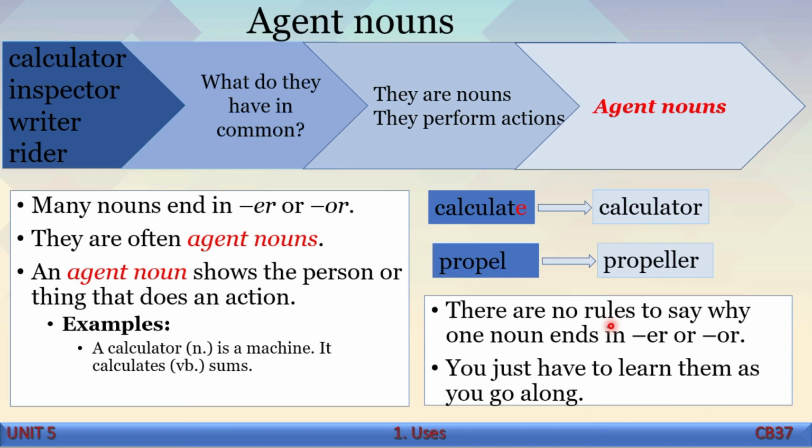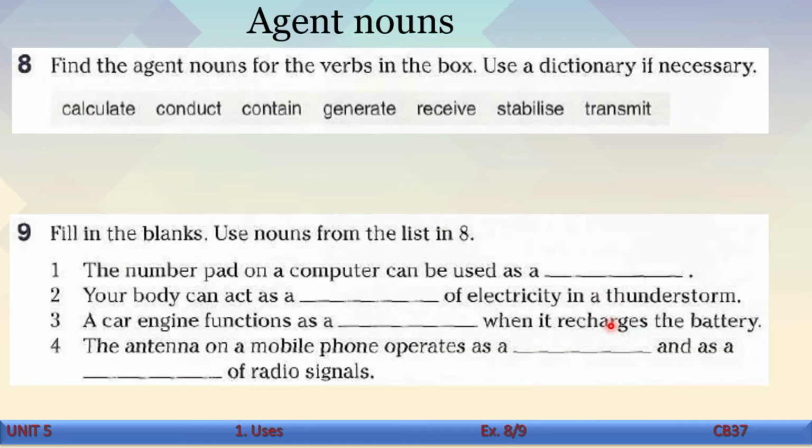Now let's see if we can find the agent nouns of some verbs. Open your course books to page 37. We are going to do exercises 8 and 9. Exercise 8. Find the agent nouns for the verbs in the box. Use a dictionary if necessary. So we have calculate, conduct, contain, generate, receive, stabilize, and transmit.